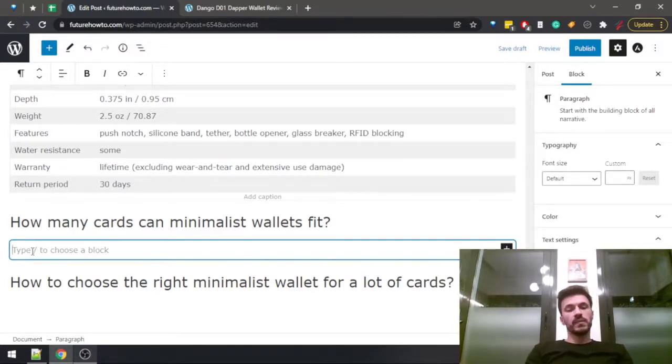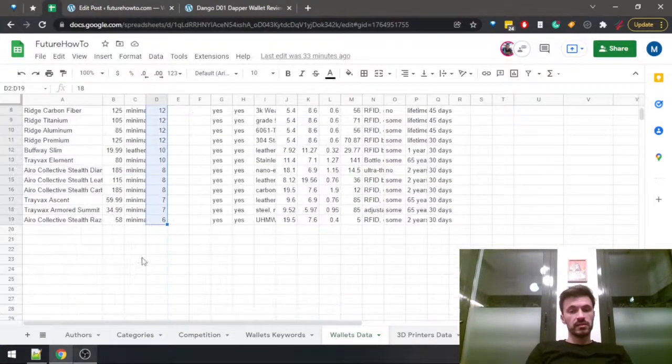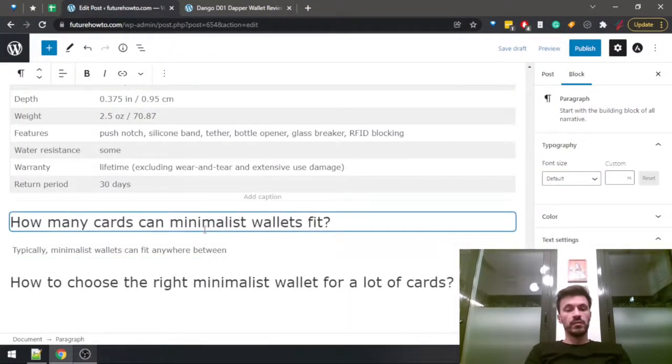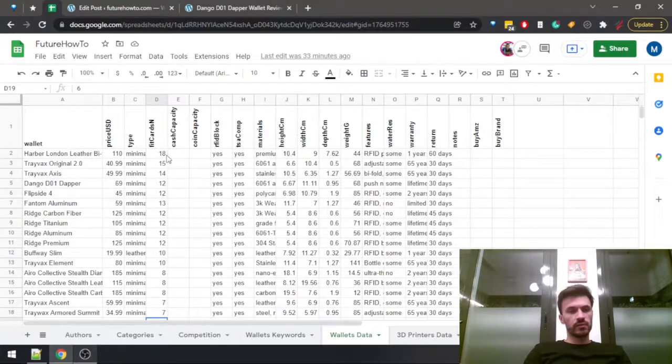typically minimalist wallets can fit anywhere between, what is it, 6 and 18? Okay, between 6 and 18 cards on average. I think it's like what, 12? The average is almost 11, but the mean is 12, or the median.